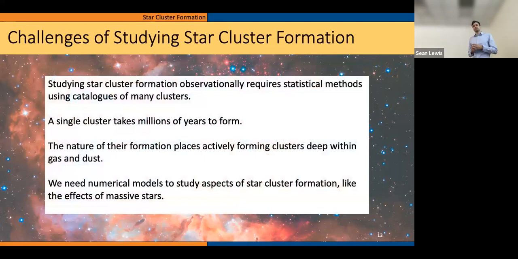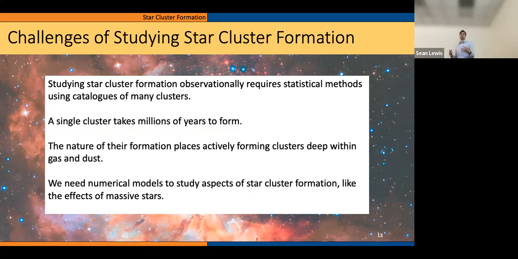Okay, so speaking of studying star clusters, there are some challenges that come with studying the process of star cluster formation. Those problems are really twofold. Firstly, the process of a single star cluster forming takes place over several millions of years.